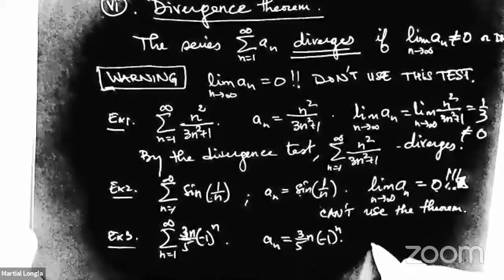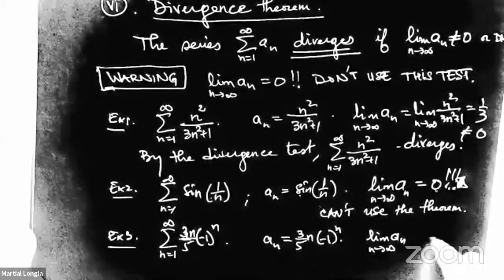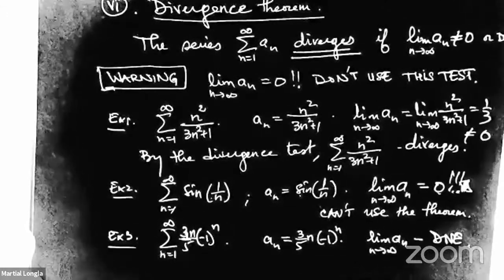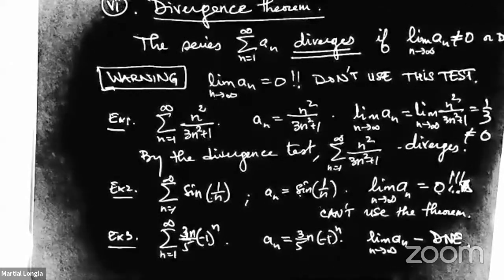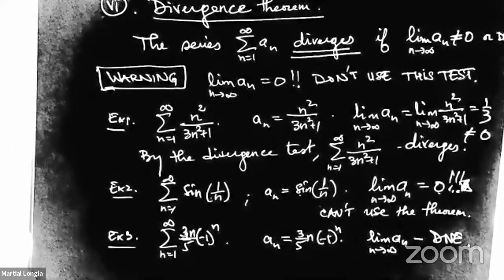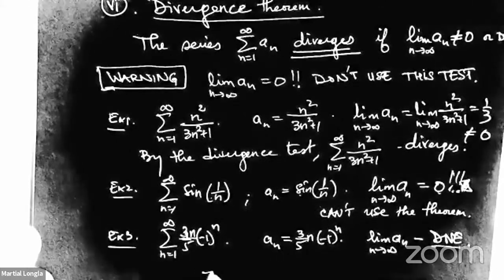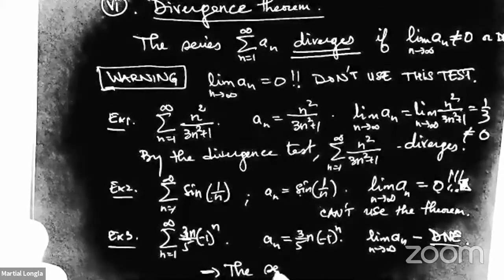That's a_n. And the limit of a_n as n goes to infinity does not exist. This limit does not exist because negative 1 to the power n will be fluctuating between negative 1 and 1, negative 1, 1, negative 1, 1. And then you go either to infinity or negative infinity, infinity, negative infinity. So there is no limit. The limit does not exist. Therefore, we can use the theorem, the series diverges.